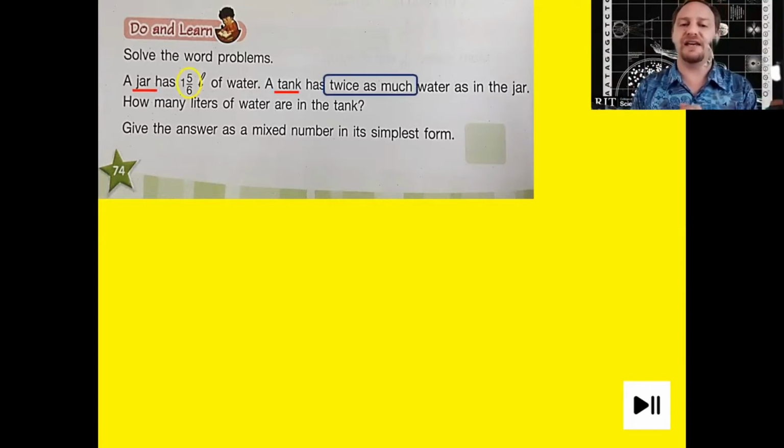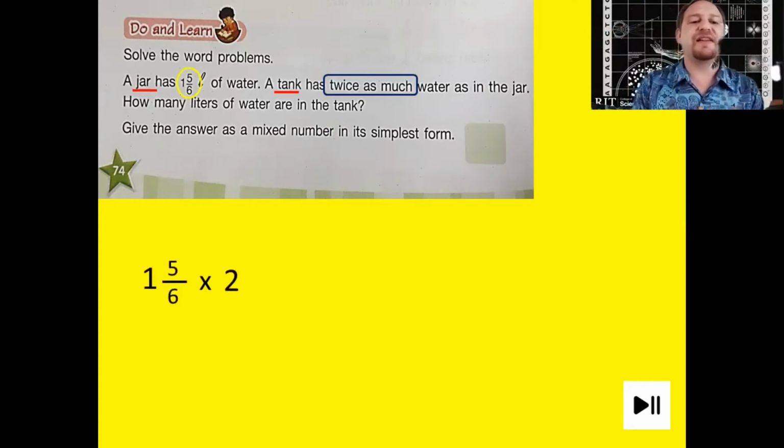And here's our key phrase here, guys. It says twice as much. It says a tank has twice as much water as in the jar. And I think all of you know that the word twice means the number 2, doesn't it? Okay. So what do we need to do? Well, we need to multiply the amount of water in the jar by 2.